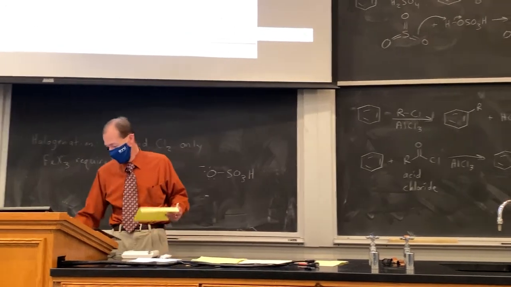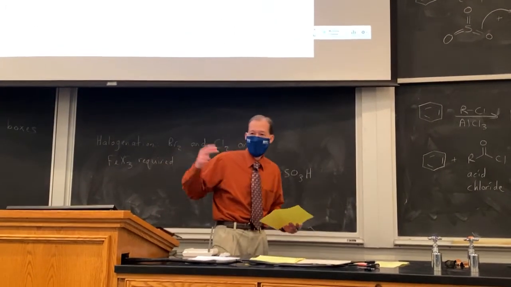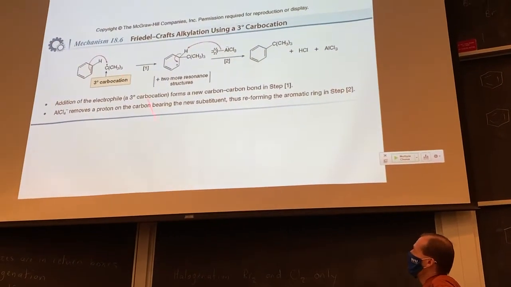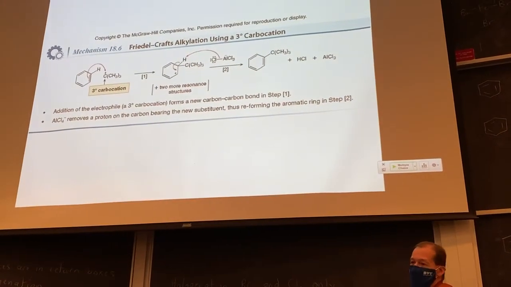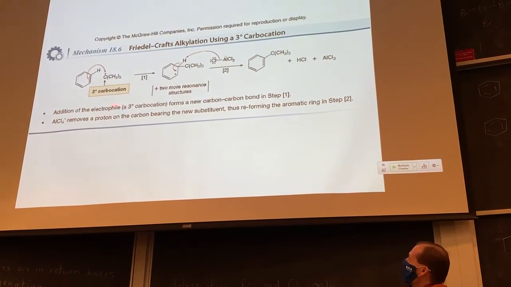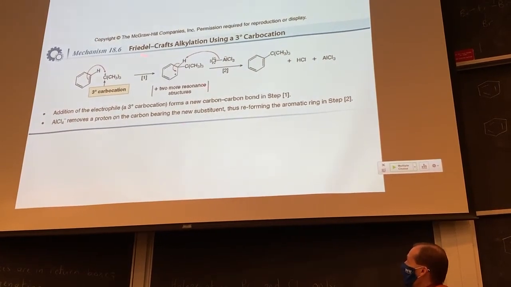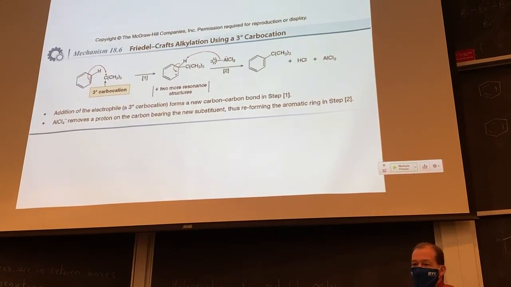Good question. So here we have a diagram on the board of what happens once we generate our tertiary carbocation. So the benzene ring will attack the positively charged carbon, giving us our resonance stabilized cyclohexadienyl cation. You don't have to draw the extra resonance structures, but you should be able to.